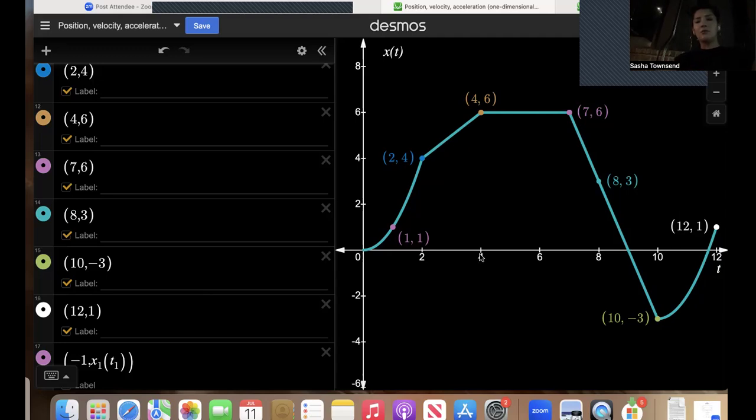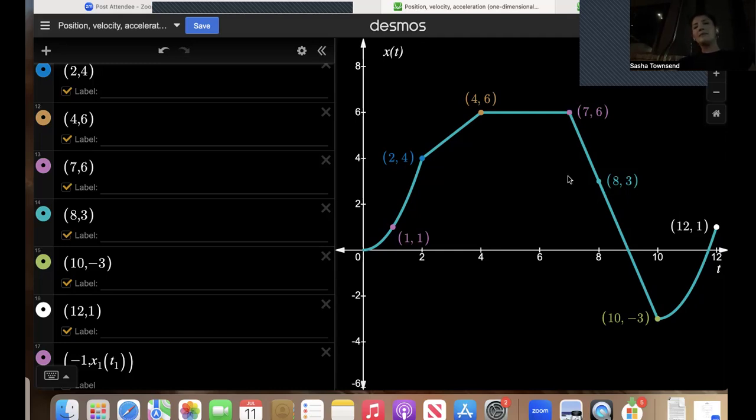And then from t equals 4 to t equals 7, the position is just 6. So the particle, or person, whatever it is, just sits there for 3 seconds. And then on this line segment from t equals 7 seconds to t equals 10 seconds, we can tell because the slope is -3 that the particle is moving backwards with a speed of 3 meters per second.